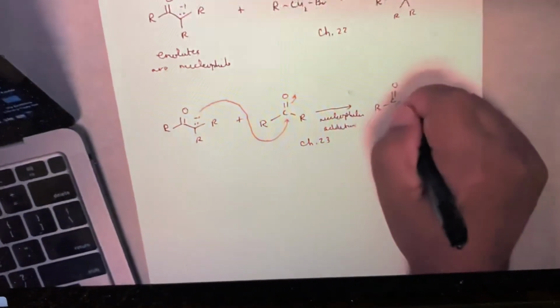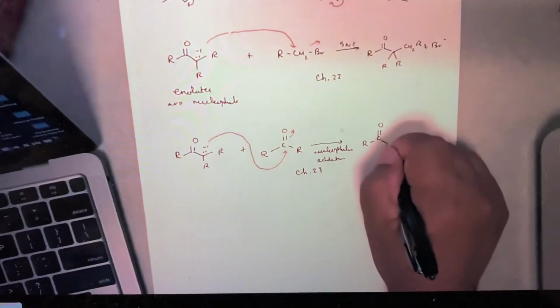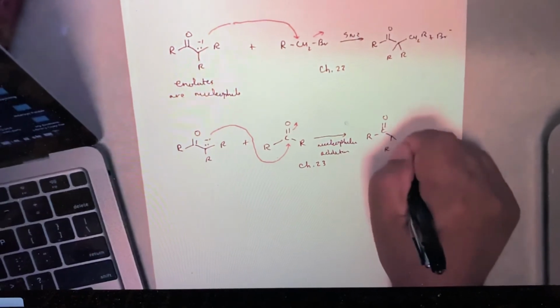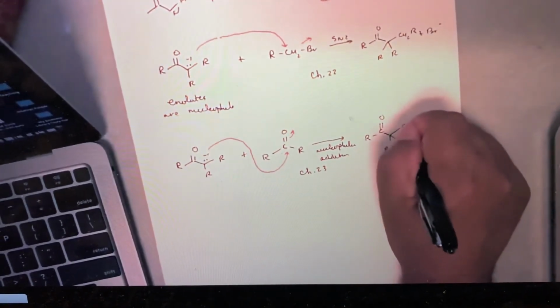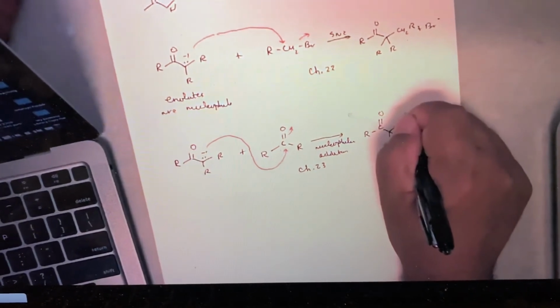Right? So the stuff that you've learned up to this point in the chapters of aldehydes and carboxylic acids, the nucleophile attacks a carbonyl, and it always goes to this tetrahedral intermediate.